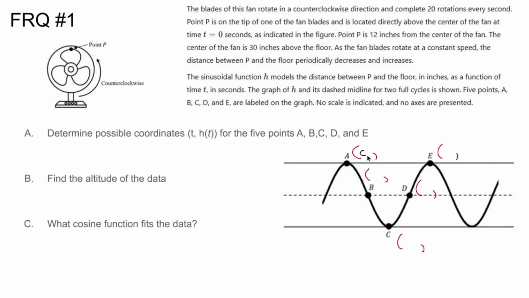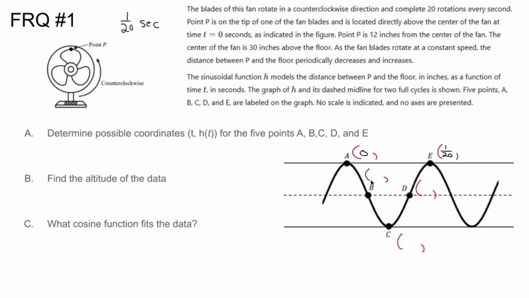I'm starting at 0. Now, it rotates 20 times per second, which means it completes an entire cycle every 1/20th of a second, which means E is going to be 1/20th. Now to find B, C, and D, you are comparing where B, C, and D are versus E, and then you're going to use a fraction to multiply it to 1/20th.